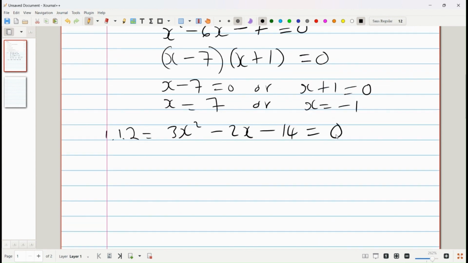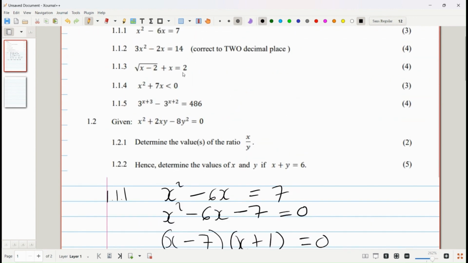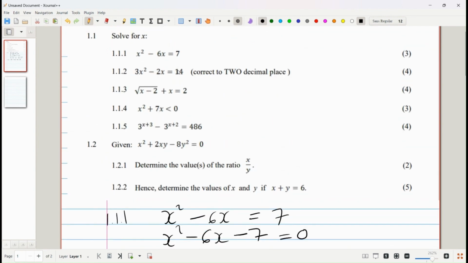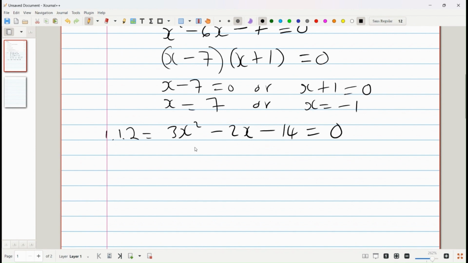So this is now written in its standard form. We moved the 14 from the right hand side to the left hand side so that it is in its standard form. So the next step here is to apply the quadratic formula.